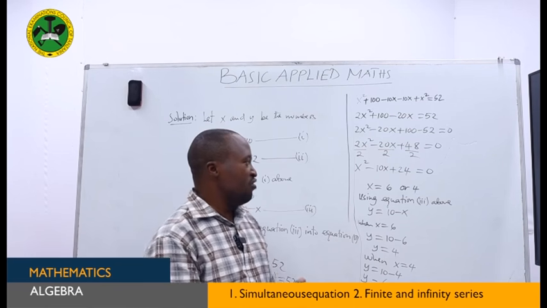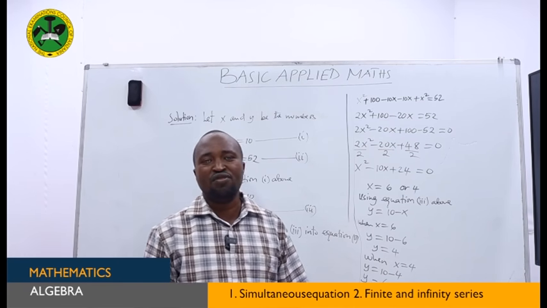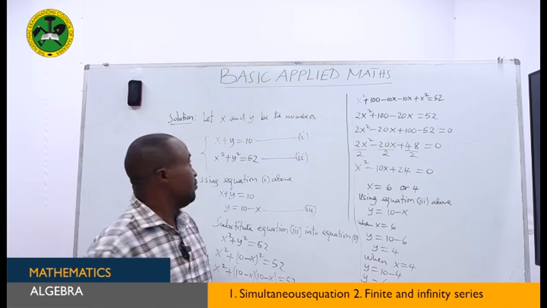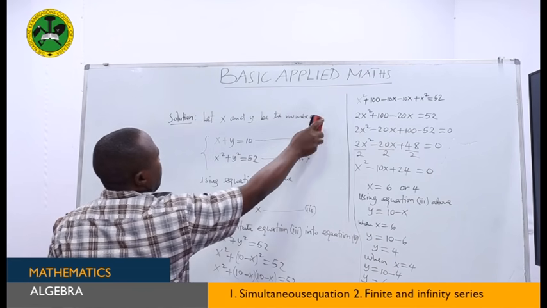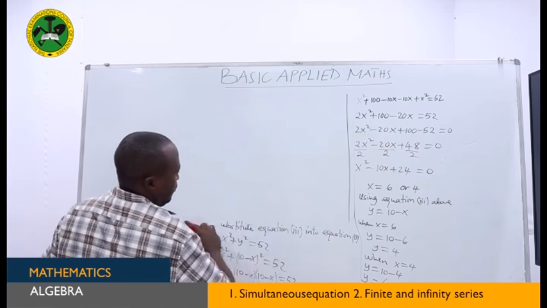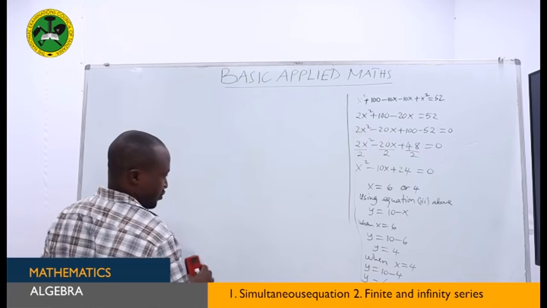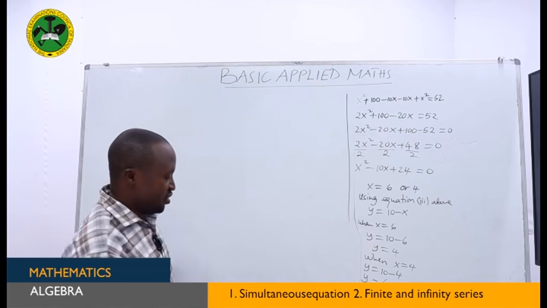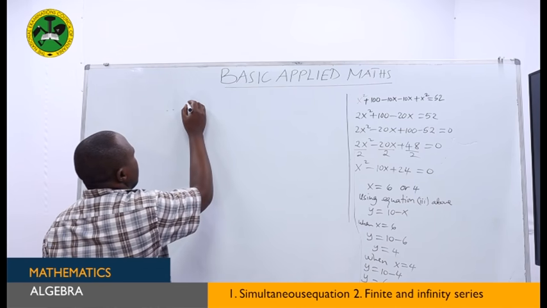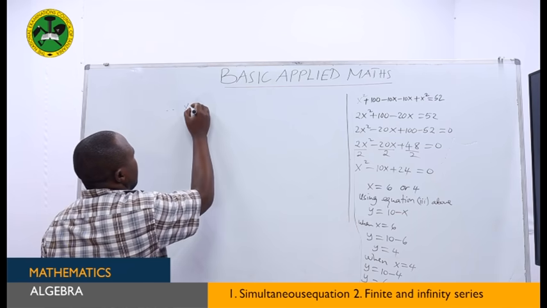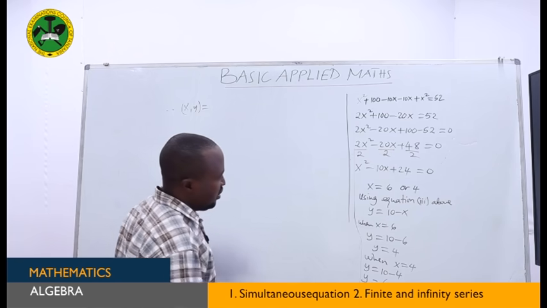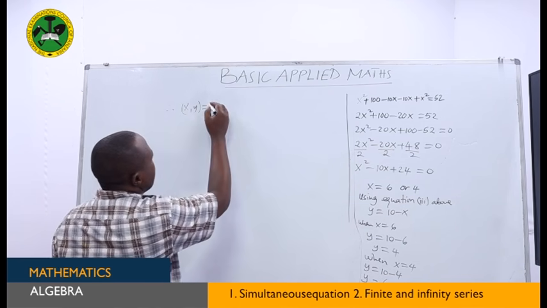Now, my dear student, we have values for x and values for y. Therefore, we can conclude by saying that (x, y) is equal to, starting with the first value of x, which is 6.